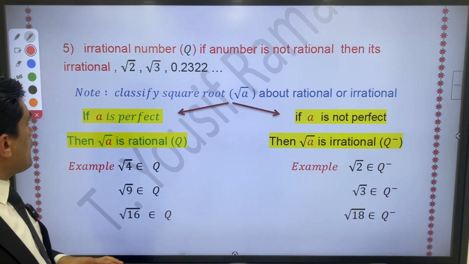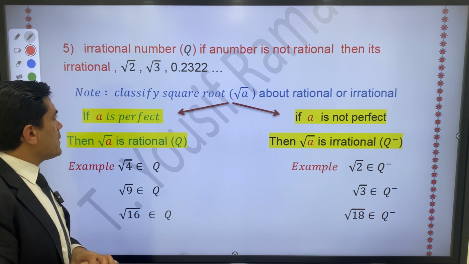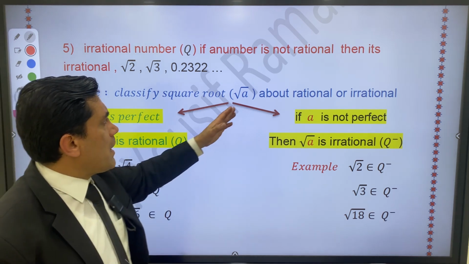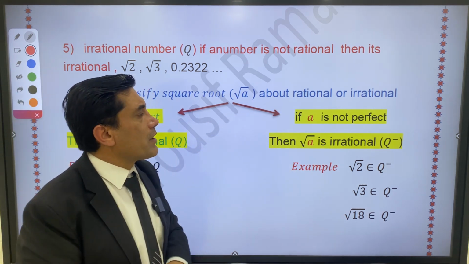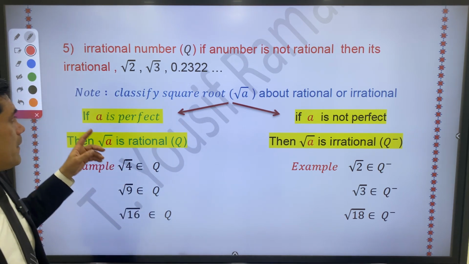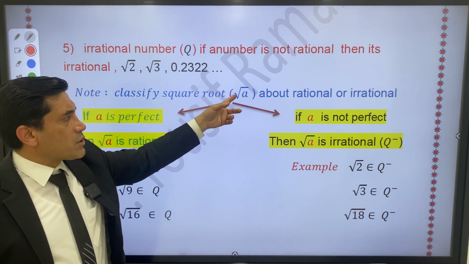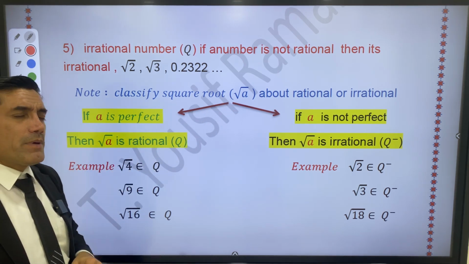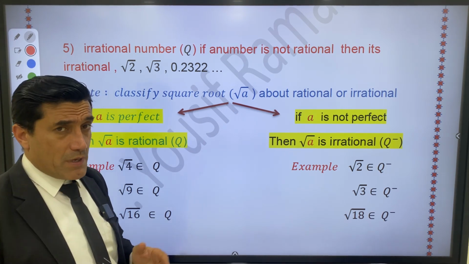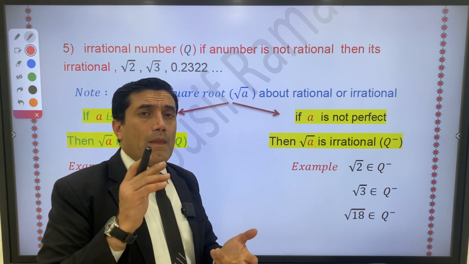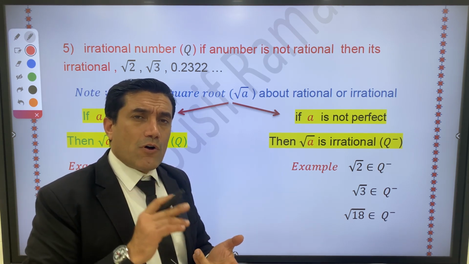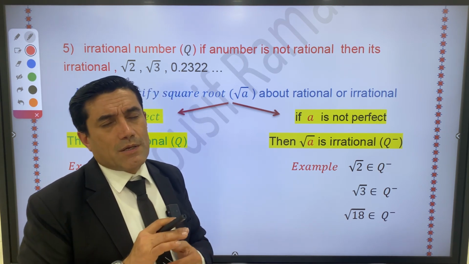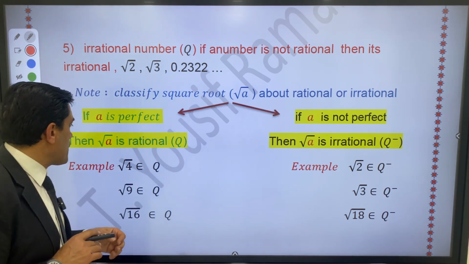Please pay attention. Notice, classifying the square root of a as a rational or irrational number: a is the number under the square root. If a is a perfect square, what does perfect mean? If you remember, perfect squares are 0, 1, 4, 9, 16, 25.